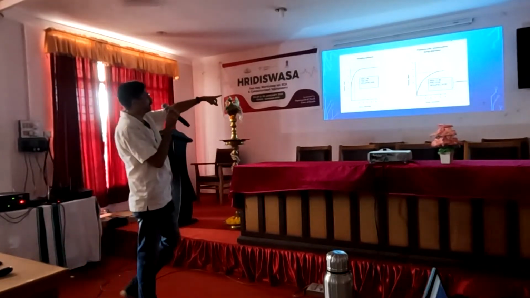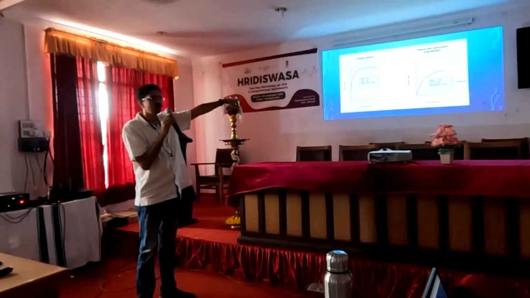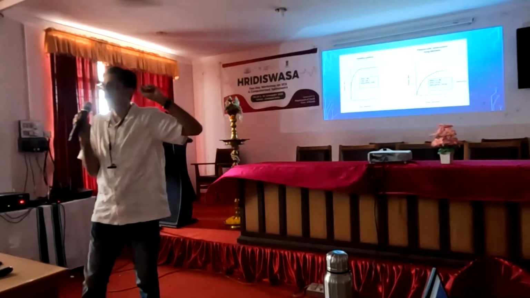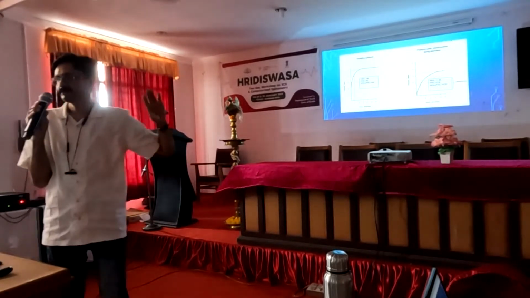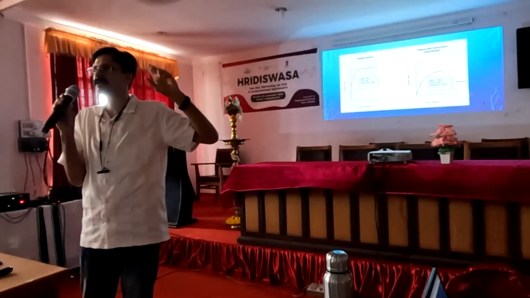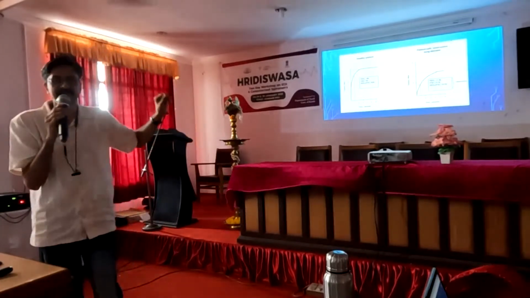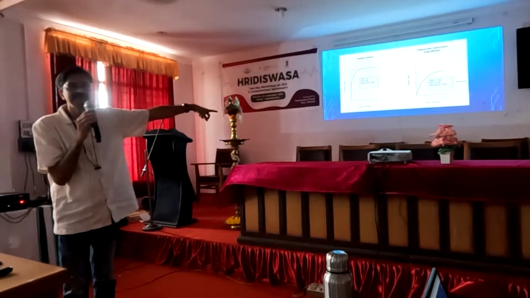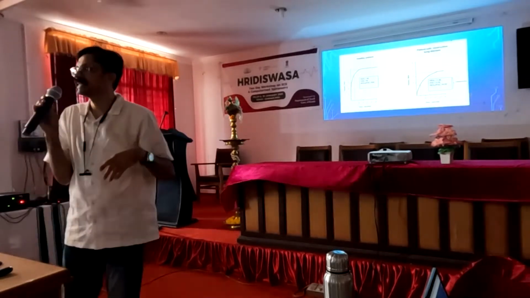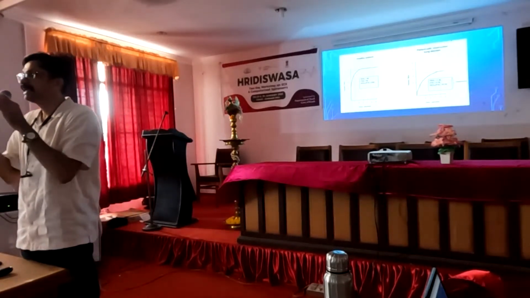So we can see here, forced expiratory volume 1 is 4 liter. In a normal healthy person, forced vital capacity is almost 5 liter, and FEV1 is 4 liter. So how do we calculate the FEV1 percentage?